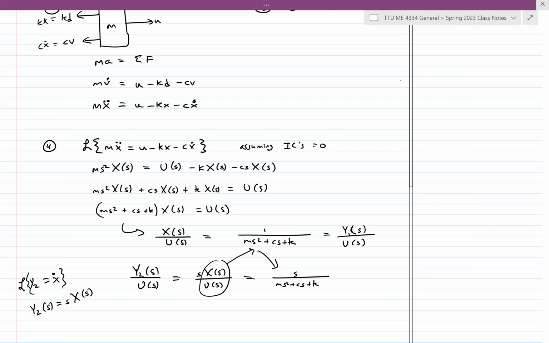But this isn't the easiest case. Not always. There could be a lot more complicated expressions requiring you to go back and figure out, now that you have X of S, solving for something else entirely. This is a basic example. Any questions? When you say there's two outputs, do we need to solve for both?